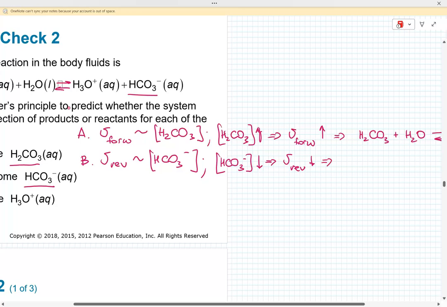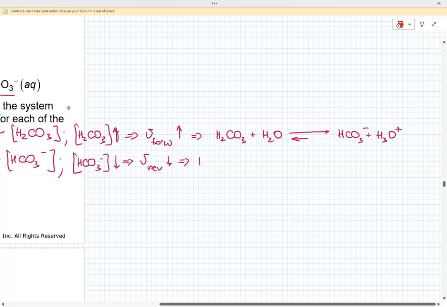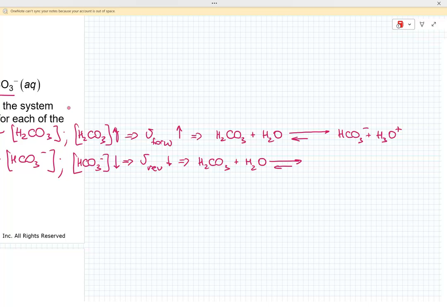Everybody agrees with that? Good. And it means that if we write this reaction equation, the reverse rate will be smaller than the forward. All good?